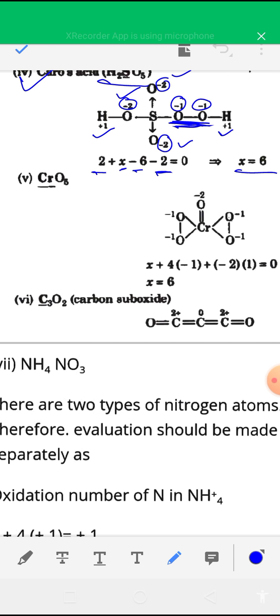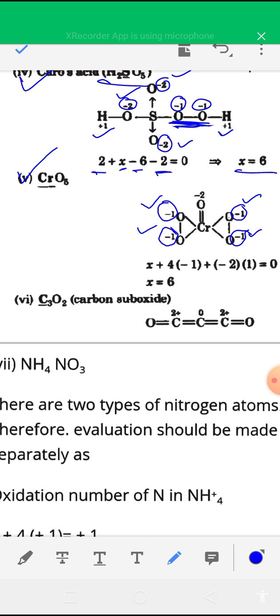You have to calculate the oxidation number of chromium in CrO5, chromium pentoxide. In CrO5, according to the structure, there are a total of 4 peroxide oxygens. For each peroxide oxygen, the oxidation number is -1.